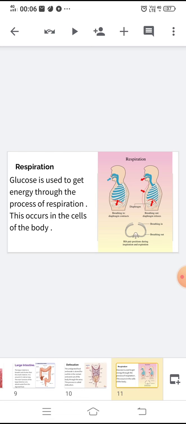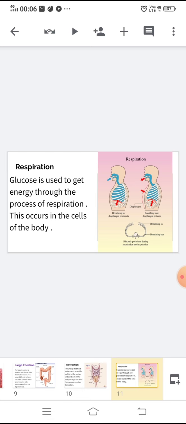Transport and assimilation of digested food. The digested food enters the blood in the small intestine. This is carried throughout the body through the bloodstream. The digested food materials are used by the body in many ways. First one is glucose.